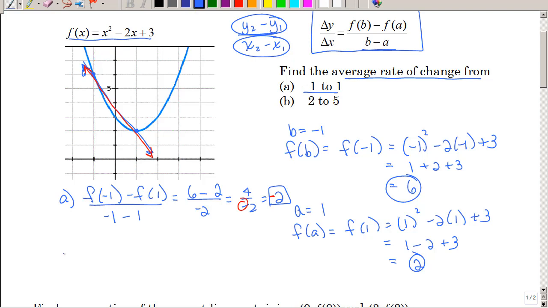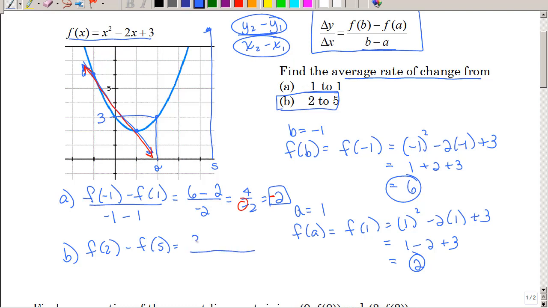So could we do part B from just the graph? Well, let's see. F of 2, okay, when x is 2, what's y? 3. So f of 2 minus f of 5. Let's see, 2, 3, 4. I don't have 5 on the graph, so I would have to evaluate that.